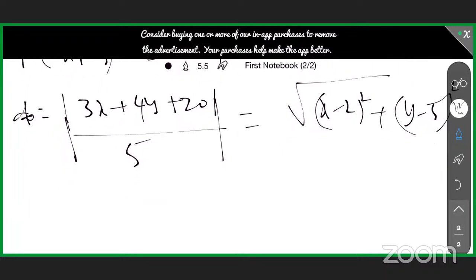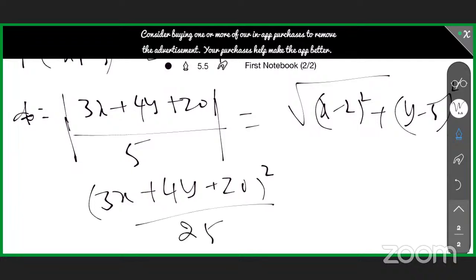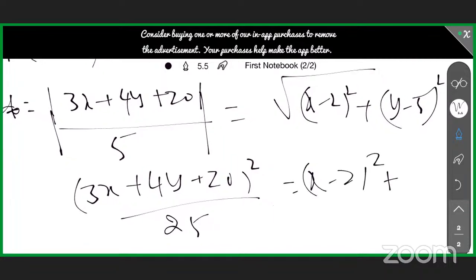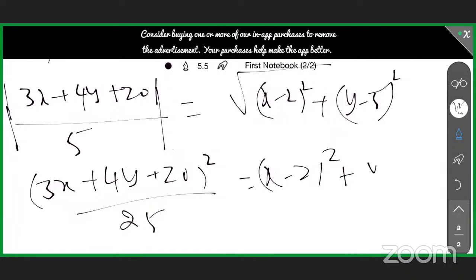It becomes 3x plus 4y plus 20 whole square by 25 equal to x minus 2 whole square plus y minus 5 whole square.